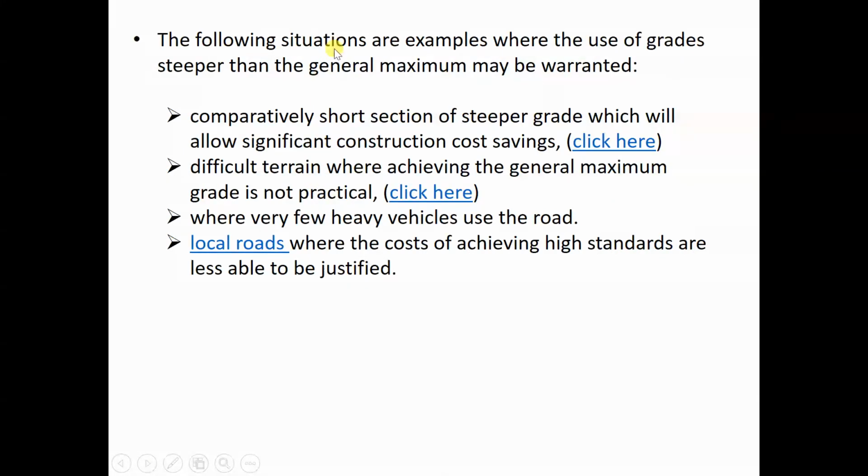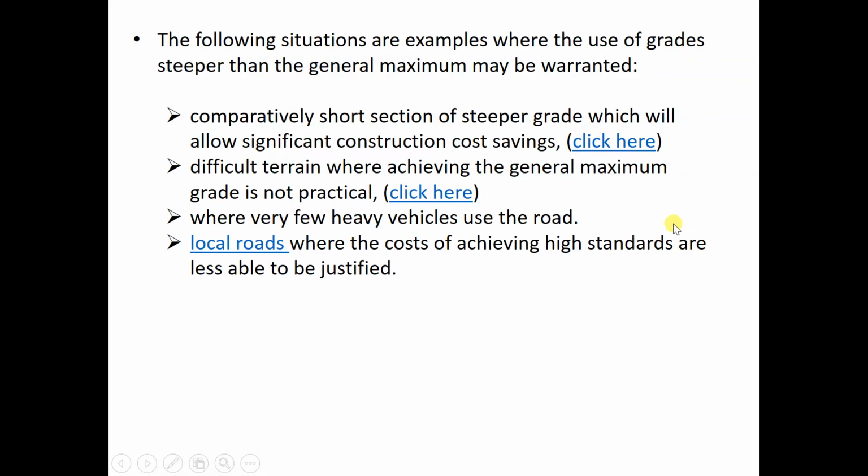The following situations are examples where the use of grades steeper than the general maximum may be warranted. So sometimes a grade steeper than 10% can be approved. Firstly, a comparatively short section of steeper grade which will allow significant construction cost saving.